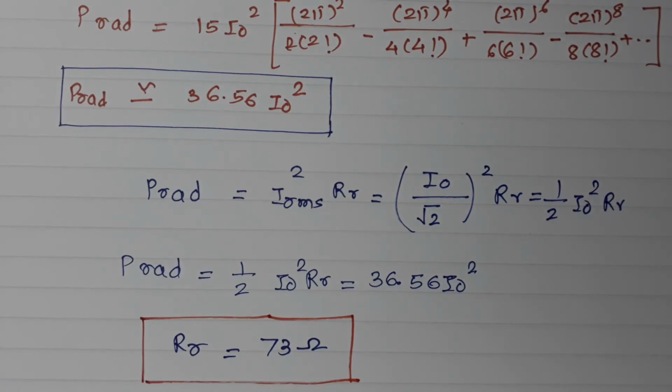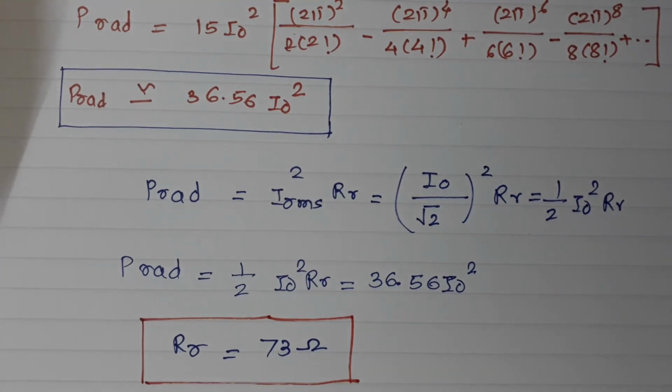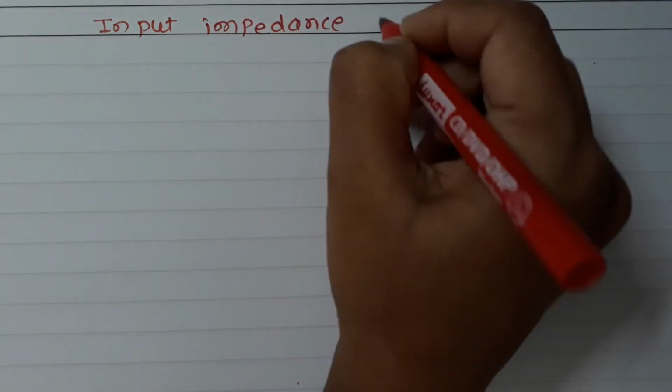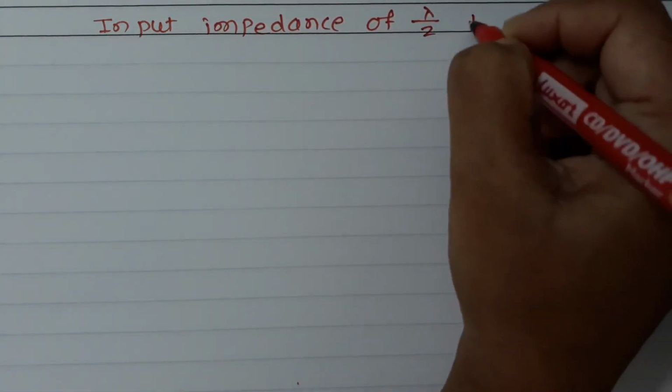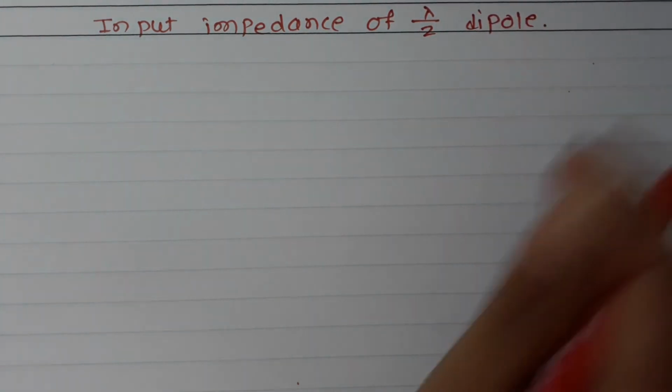Now let us find out the input impedance of a dipole of length lambda by 2. So the next thing which we are going to calculate for this half wave dipole is nothing but the input impedance. So how to calculate the input impedance?